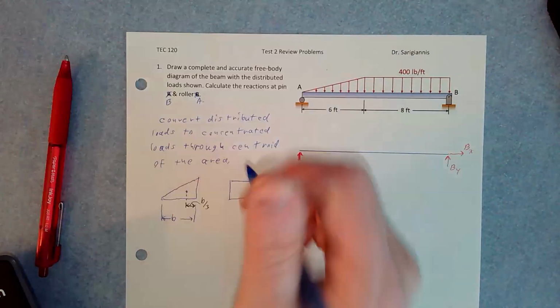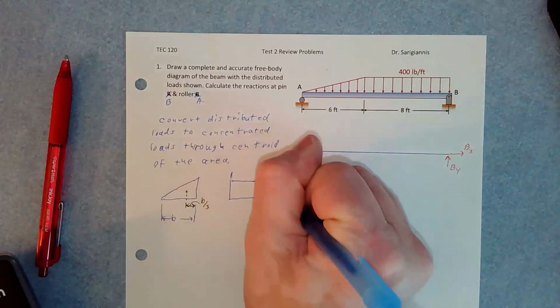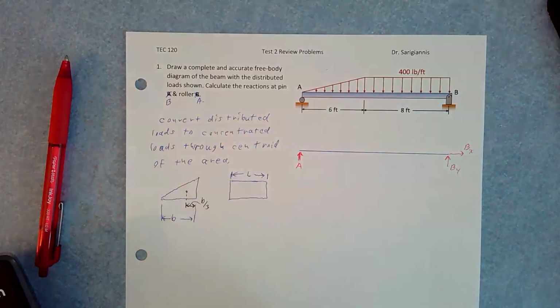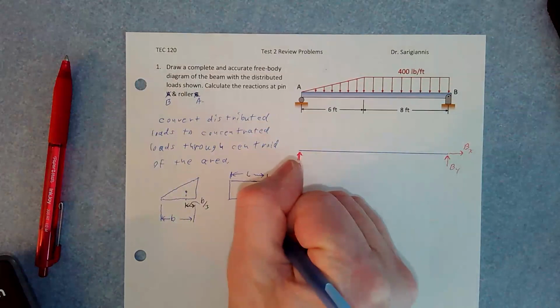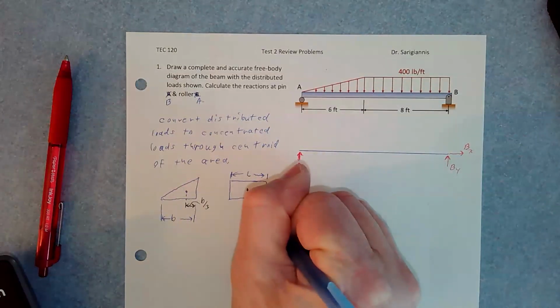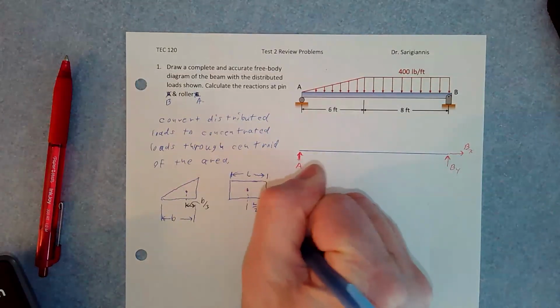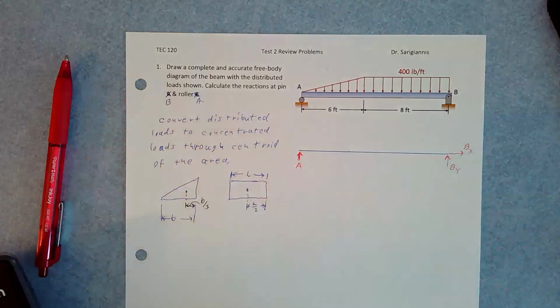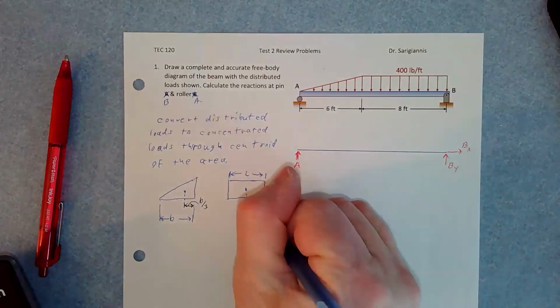Similarly, if you have a rectangle of length L, the centroid is going to be right in the middle here, L over 2.